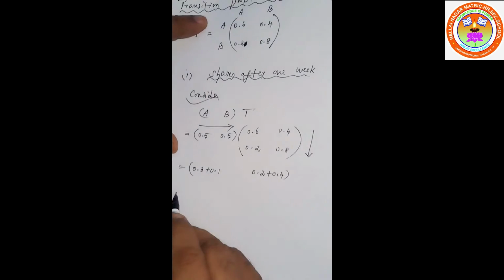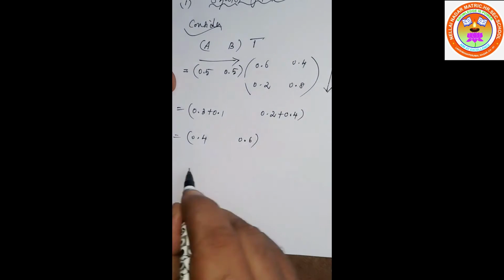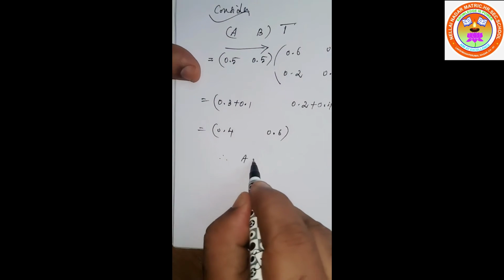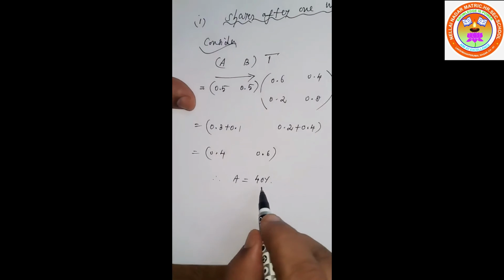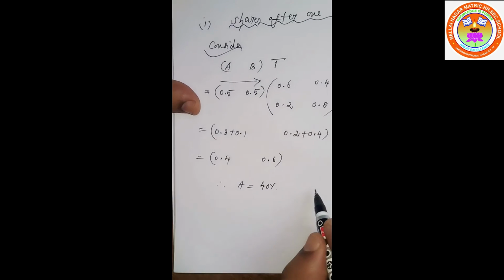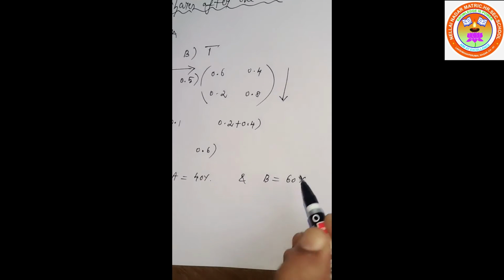So that is a row by column multiplication. Adding together, we are getting 0.4 and 0.6. That is A equals 0.4, meaning 40%. So shares after 1 week: for A 40% and for B 0.6, that is 60%.